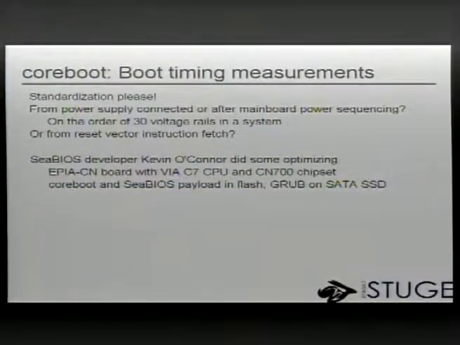And I wanted to say something about this boot timing measurement stuff that is getting more popular and showing up in marketing. There's really no standardization, so it would be nice to have this, and I think we could, of course, start doing some kind of formalized specification for how to measure boot times. It's important to really know what the numbers are describing when you're looking at them, because there are about 30 voltages in a PC, give or take a few, and these need to come up in a specified order, and that takes time.